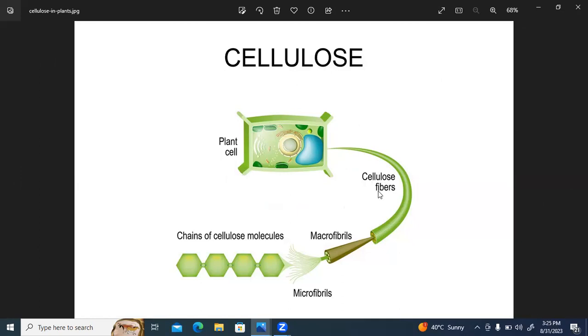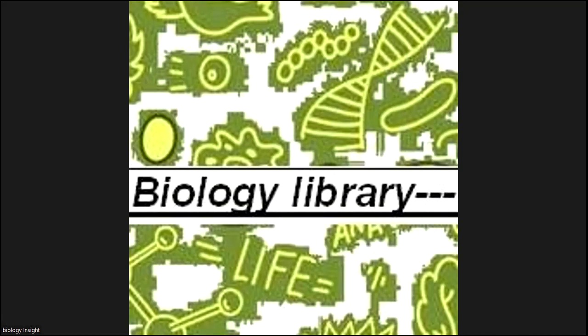These cellulose fibers are divided into larger macrofibrils, and macrofibrils are made up of microfibrils. This single thread of microfibril is the cellulose molecule. Now see, this is one beta glucose, another beta glucose, another beta glucose, and in between them you have beta 1,4 carbon linkage. So I hope the structure of cellulose is clear with everyone.